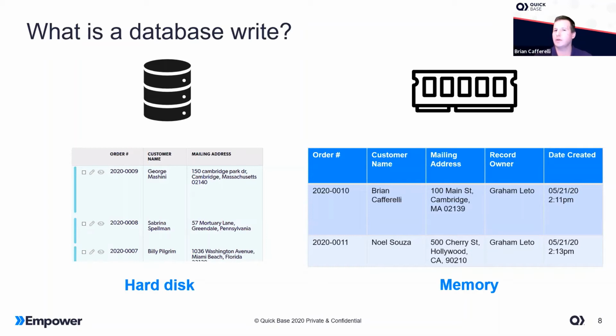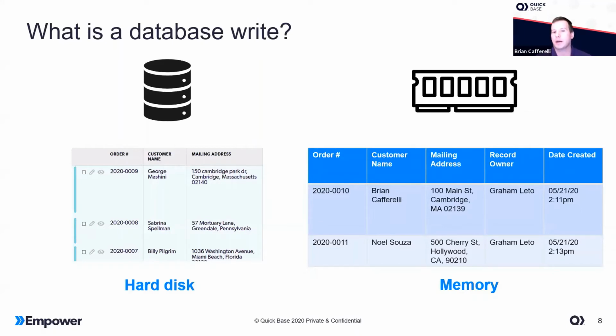Or would that take too long? Would it be faster for me to just take a pause, take all the data that's in memory, and write it to disk and move it over there, and then send you the combined data set that way? So we're always kind of running those calculations. So when I talk about a database write, that's the action of moving data from memory onto hard disk.